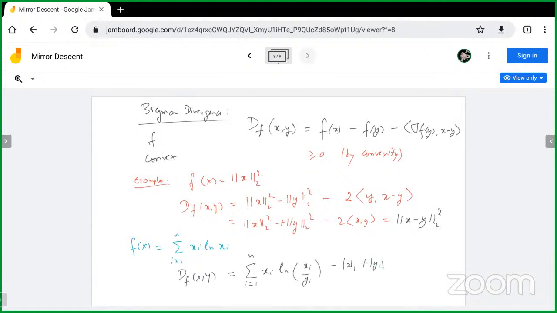This is also known as the generalized KL divergence. It's general because typically x and y are distributions, and then these other norms are one. But if it's not one, then this is the general definition.